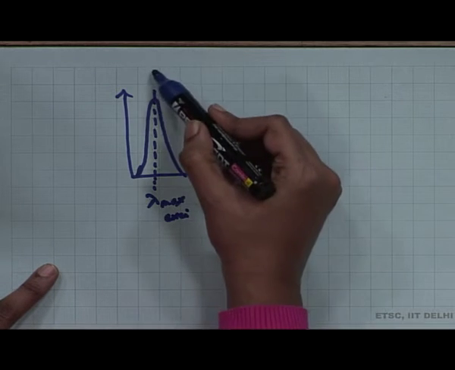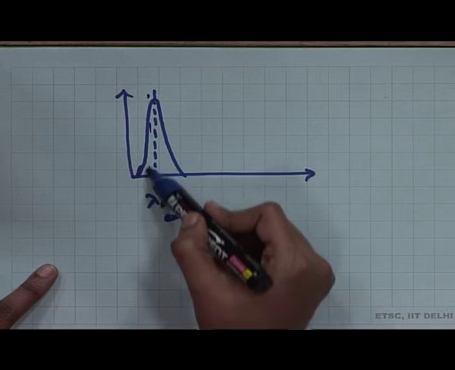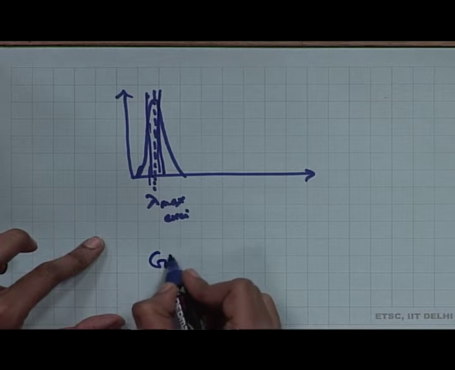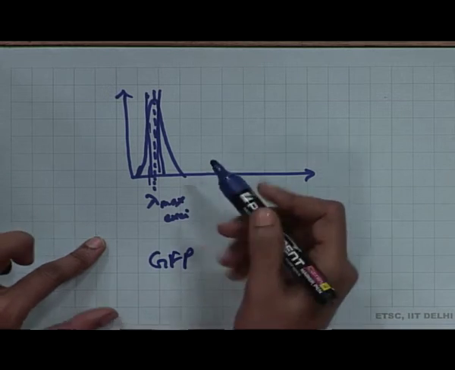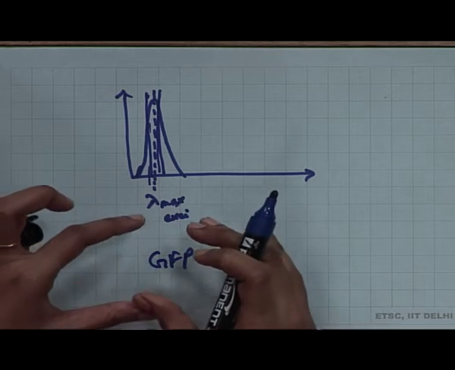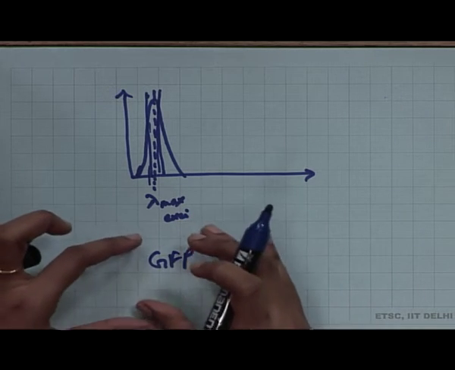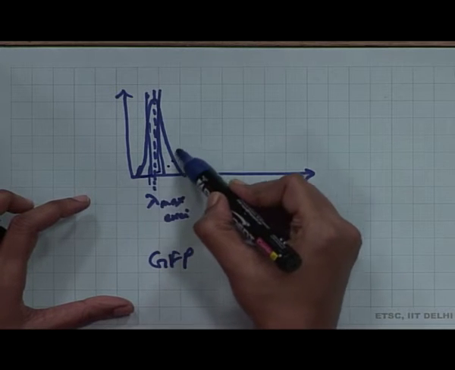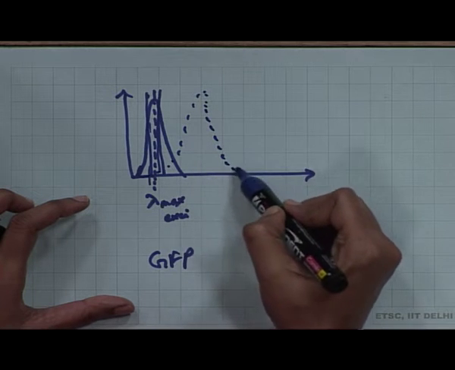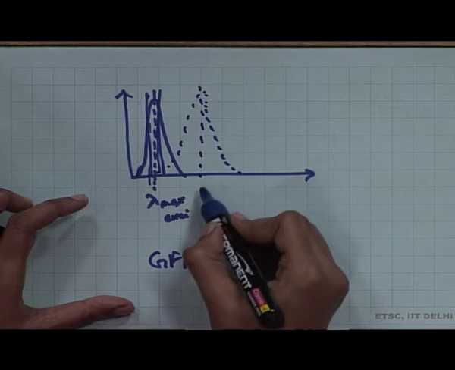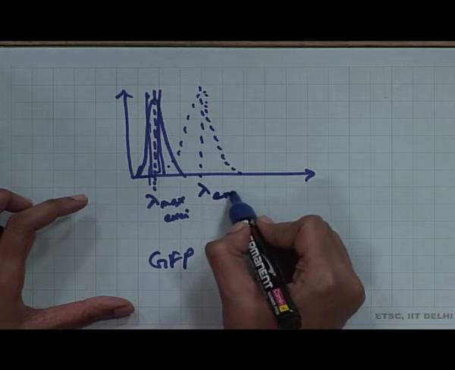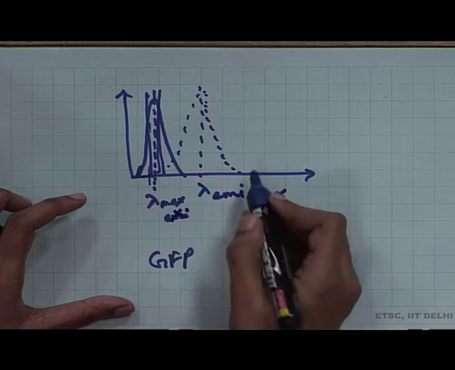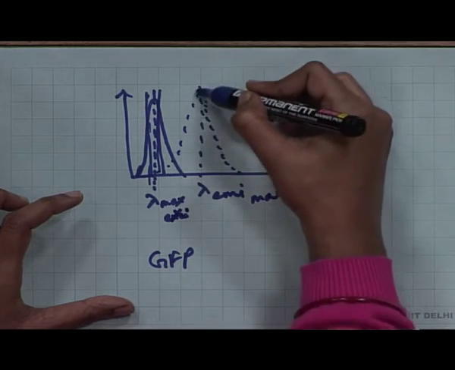At this wavelength of light or in this region, if a light is shown on the GFP molecule, then the GFP molecule, the chromophore within this protein, goes into an excited state, and then it emits light of a larger wavelength or a greater wavelength. So, this is lambda emission max. This is excitation max, this is emission max. So, this would be the emission.